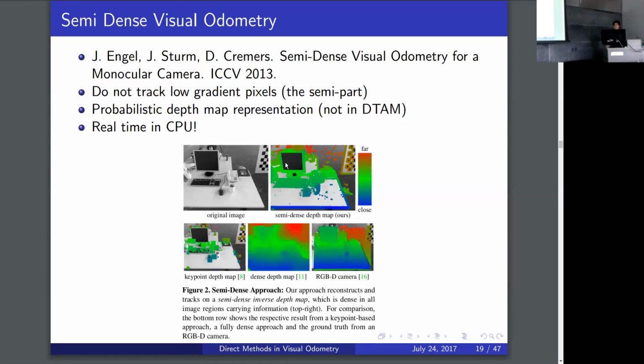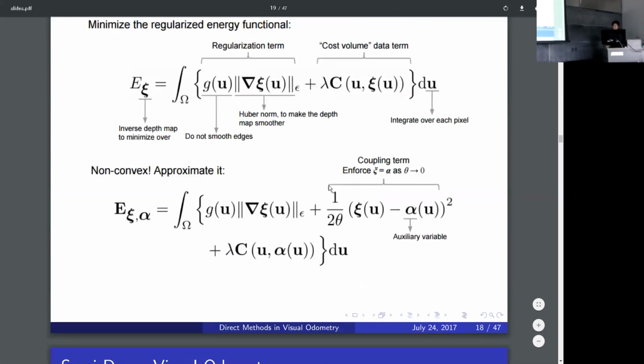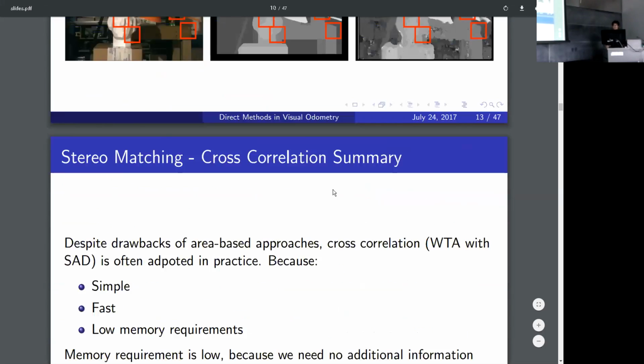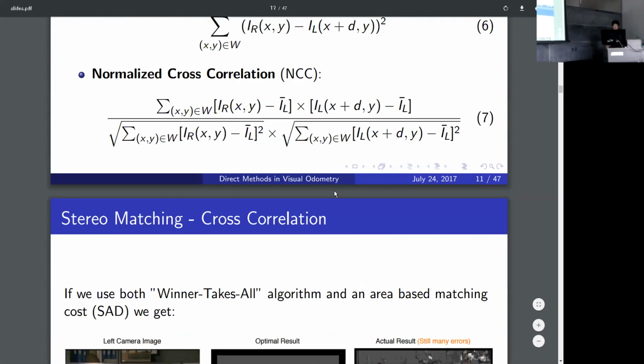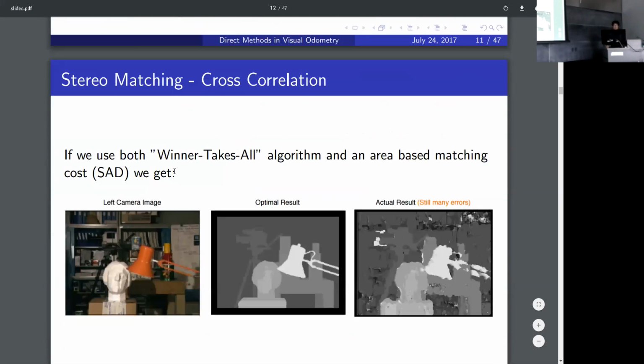And local methods do this search by traversing down the epipolar line. By using the epipolar line, it constrains the search space. And by using things like cross correlation, when you take.